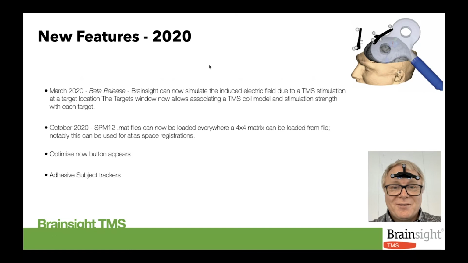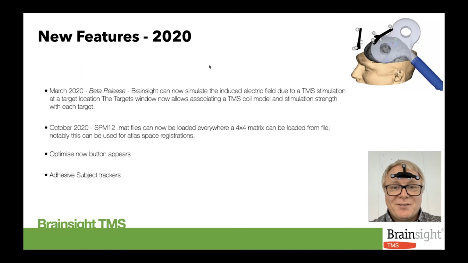Typically, we use this for Atlas space registrations. And two other really nice features, which maybe never got the time they deserved. Optimize Now is a great little button for the crosshairs. If we were doing something on a clicked surface, so not necessarily on a 3D model, the trajectory that we were stimulating at wouldn't necessarily be correct for where the coil will be sat in real life.